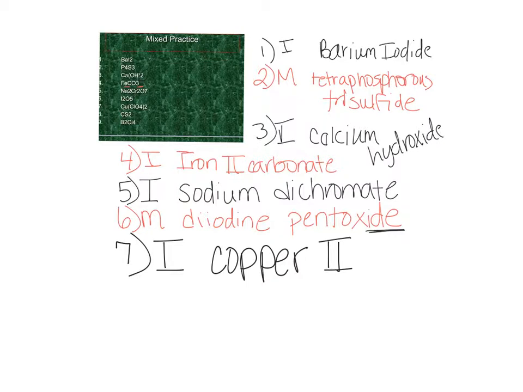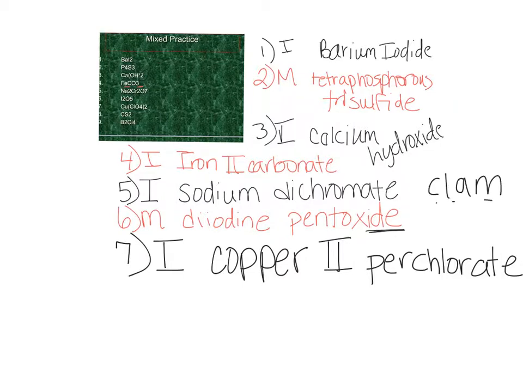In my head, I had to spell out the word clam. Clam, because clam has how many consonants? 3. So that means chlorate with ClO3. So that's why I had to think about it for a second. All right, number 8.